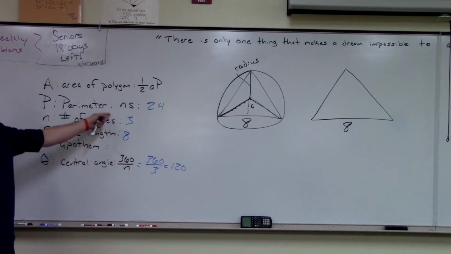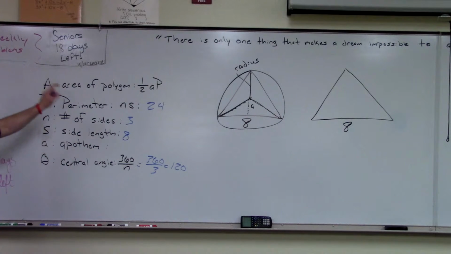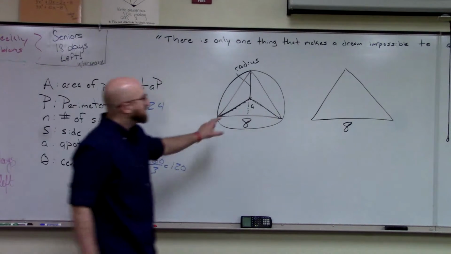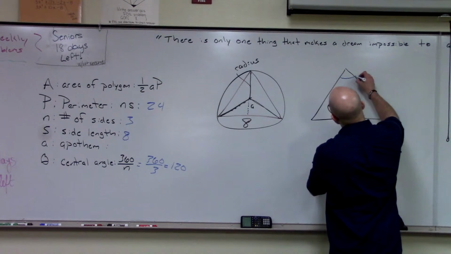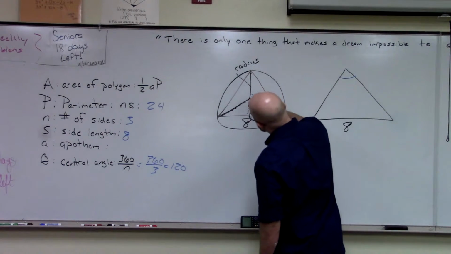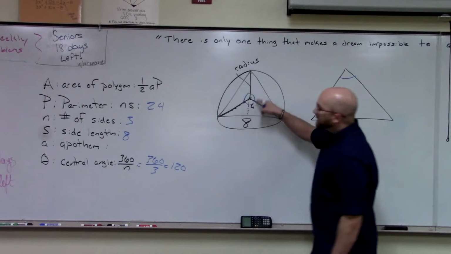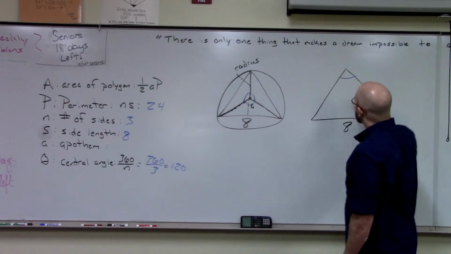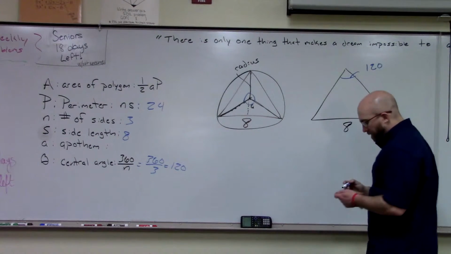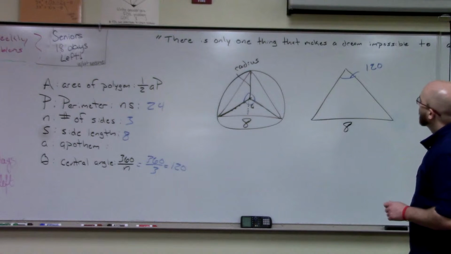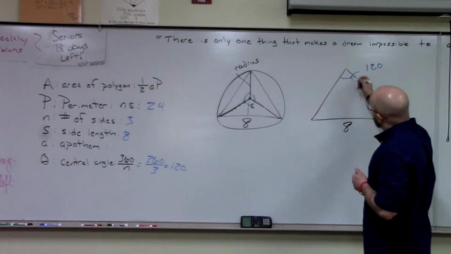So make sure you fix that if you're following along. We have all that information. Let's come back to this little triangle that we drew over here. This is the central angle right here, because if you go back, that's my 360 divided into 3 equal parts. So this is 120. Let's draw what we do.